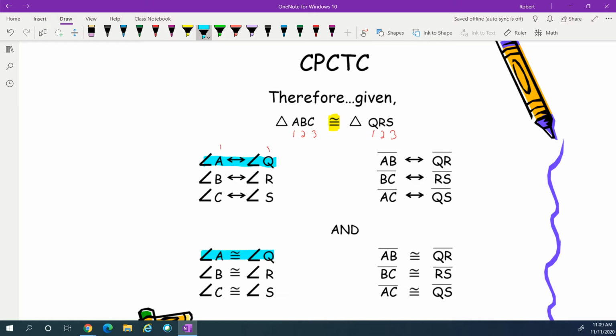And it works for the sides or the segments as well. Moving to the right side of the picture. Segment AB. Well, segment AB is 1, 2. Right? We're using the same numbering system. 1, 2. So the segment that goes from vertex 1 to vertex 2 is the same from the other triangle, vertex 1 to vertex 2.